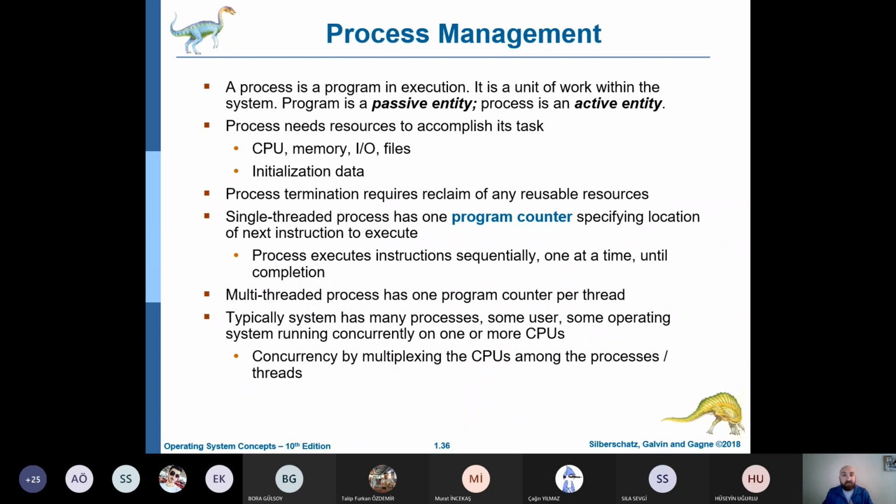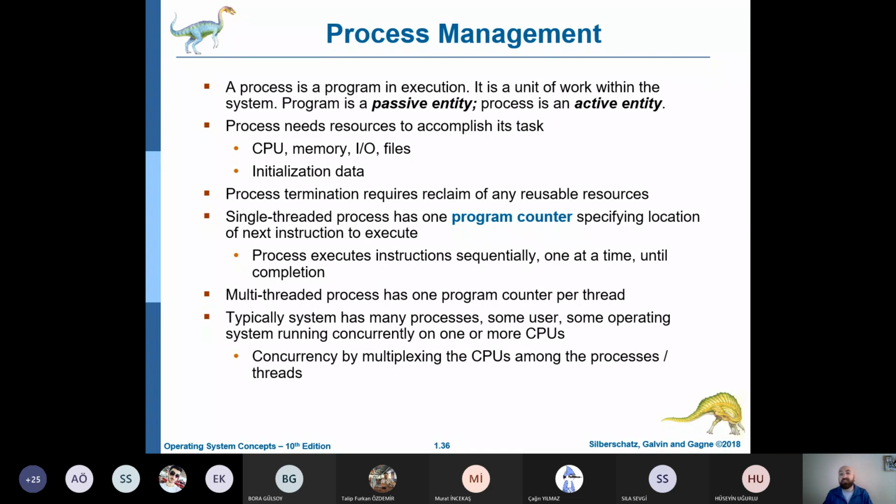A single threaded process has one program counter specifying the next instruction to execute. Okay, you created your process, you loaded your program to memory. If it's a single threaded process, it has just one program counter and it's going to specify the next instruction to execute. The execution of such a process must be sequential.